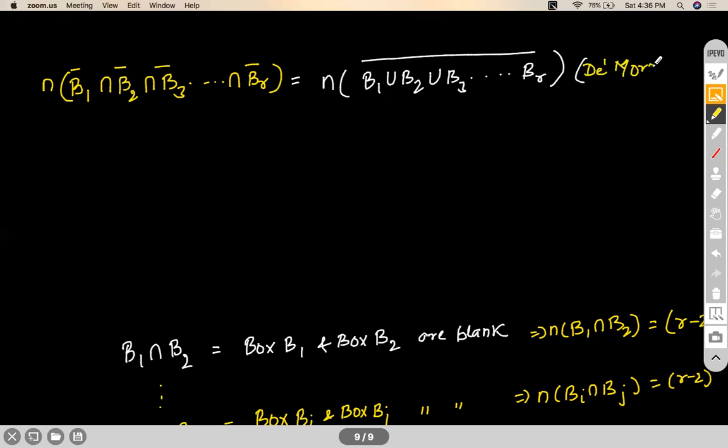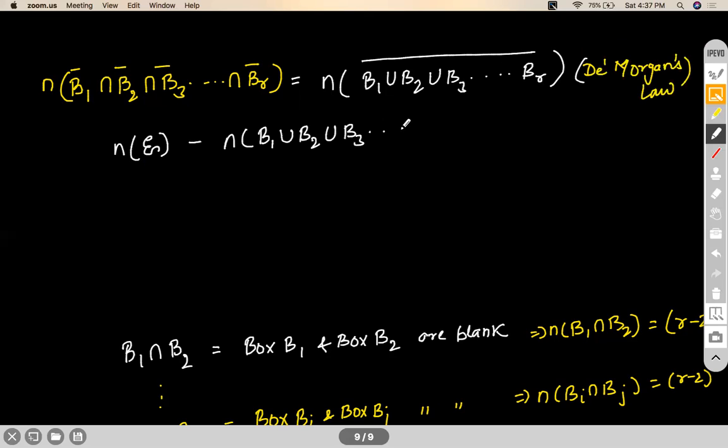So something's complement means the universal set, let me write it like this: total number of elements in the universal set minus the total number of elements in the union of these sets.